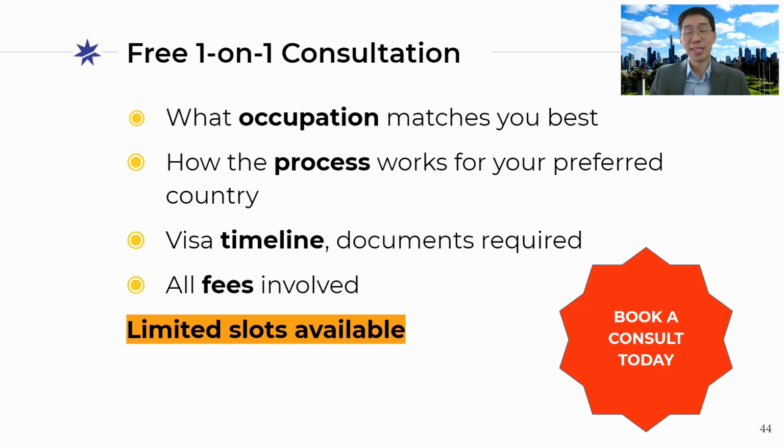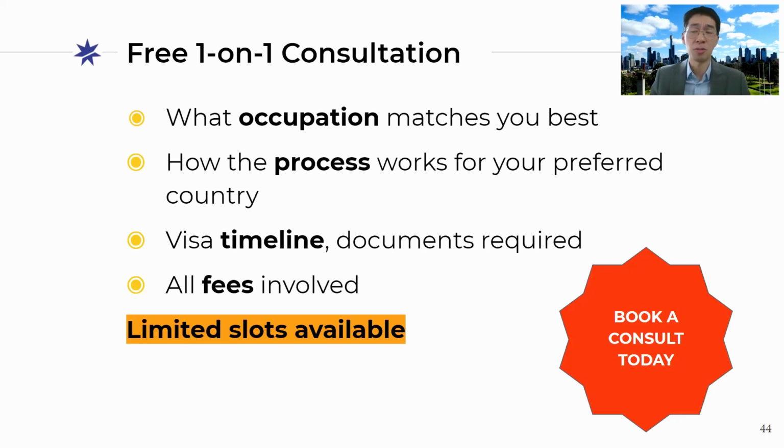Including myself. So in this consultation, we go through exactly what point score you have, and we can do both Canada and Australia if you'd like us to. So we'll tell you, okay, your score for the Australian Skilled Migration Program is this. Your score for the Federal Skilled Workers Program is this. And your score for the CSR is this. We'll go through how the process works, the timeline.